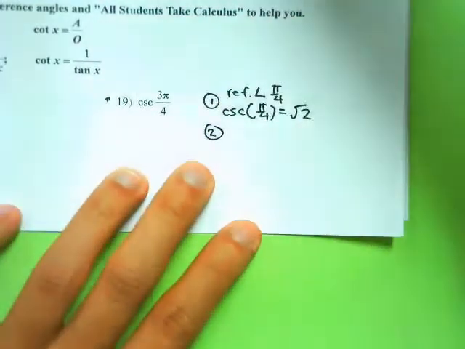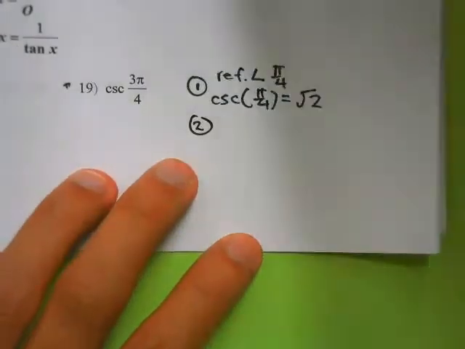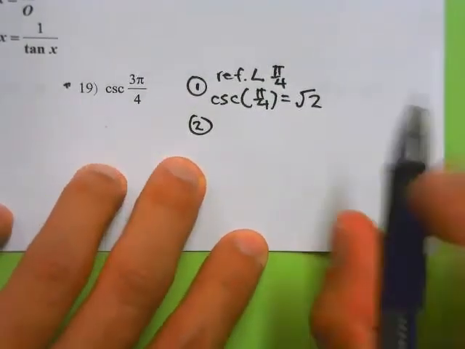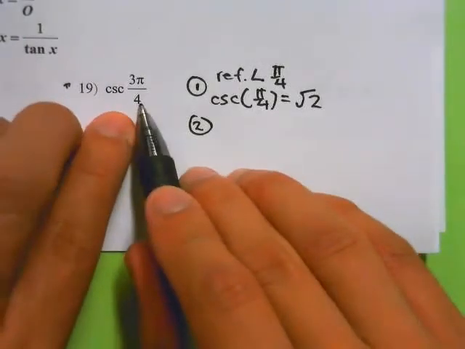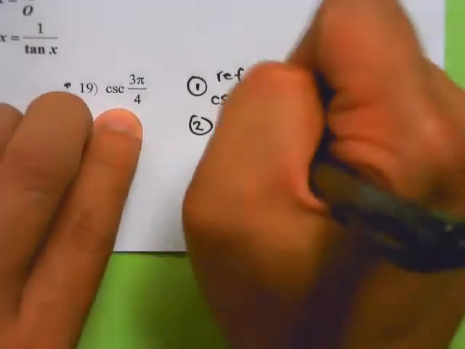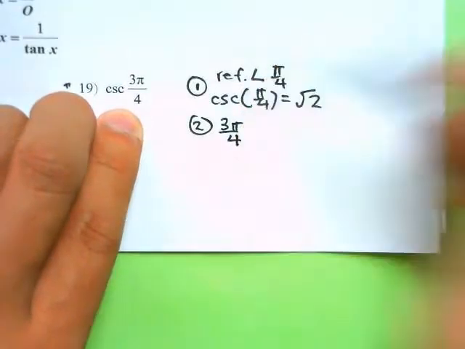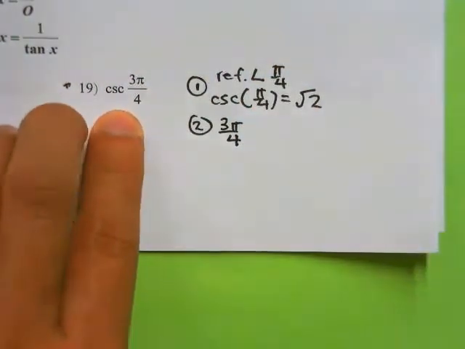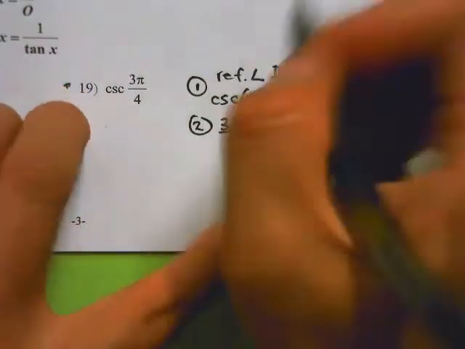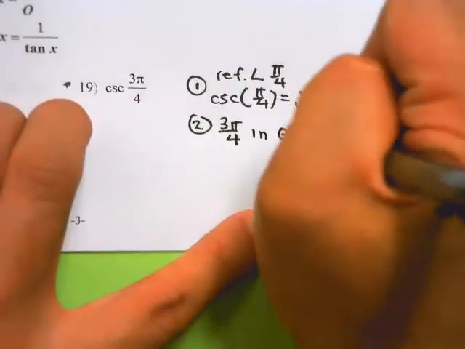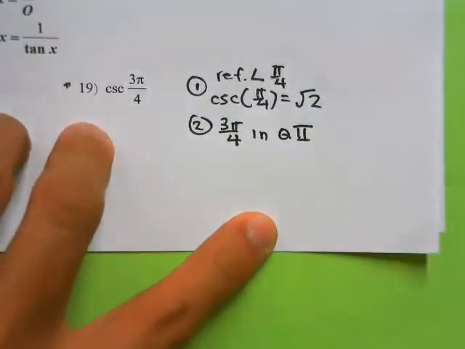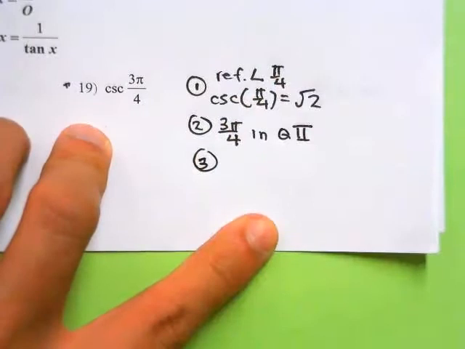Okay, so I'm going to evaluate using the reference angle and see what that answer is. Now let's figure out where this is in its quadrant. 3 pi over 4, if we follow our odds pattern, it's 1, 3, 5, 7. So this is in quadrant 2. Okay. All right, step 3.